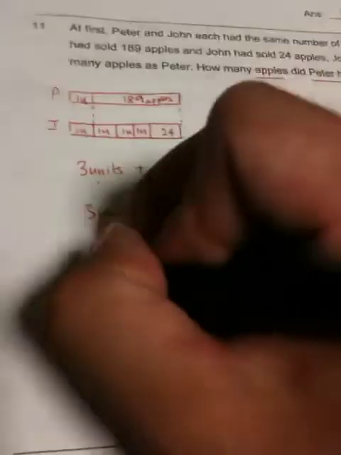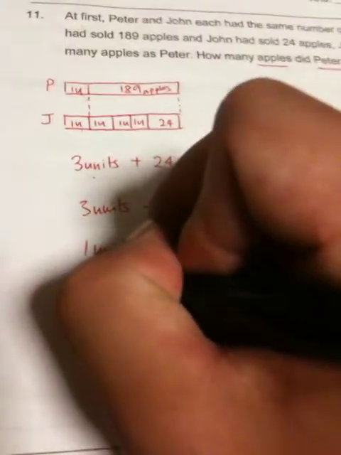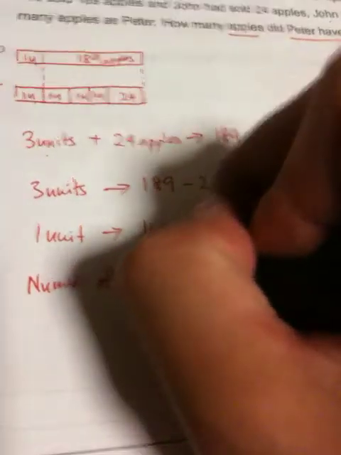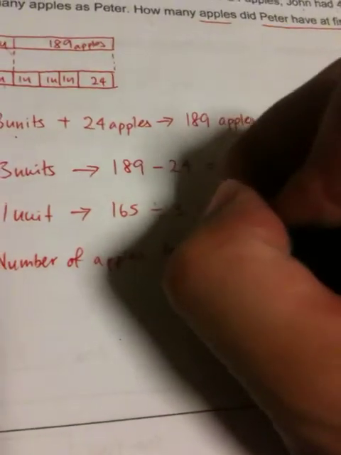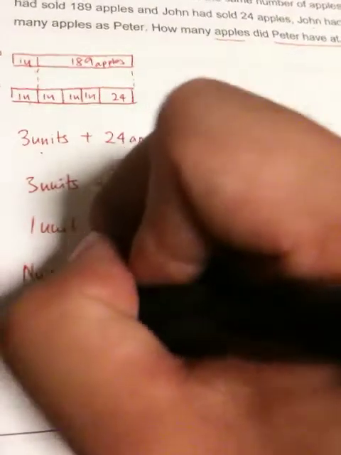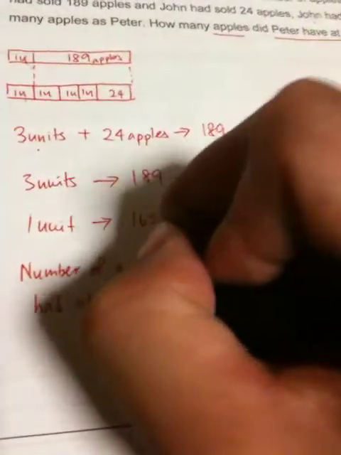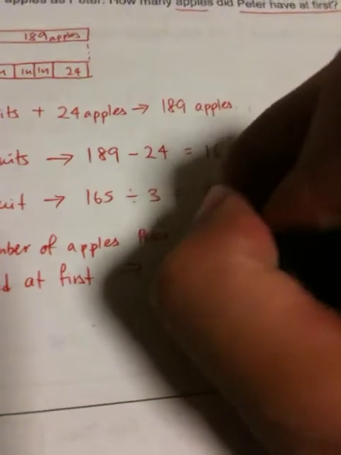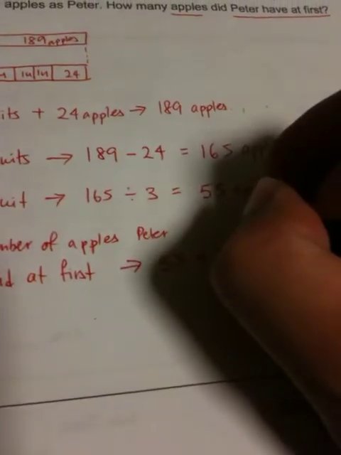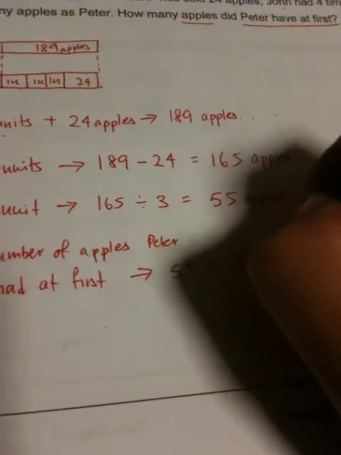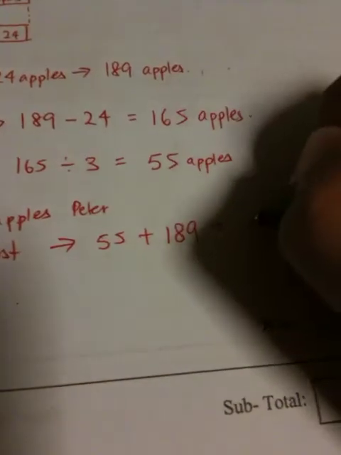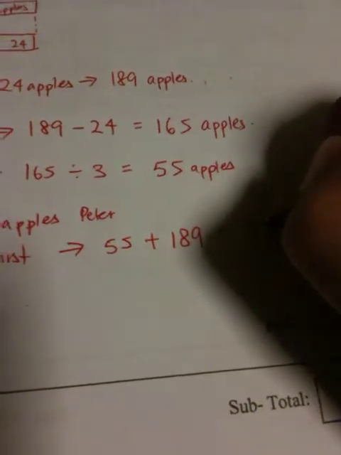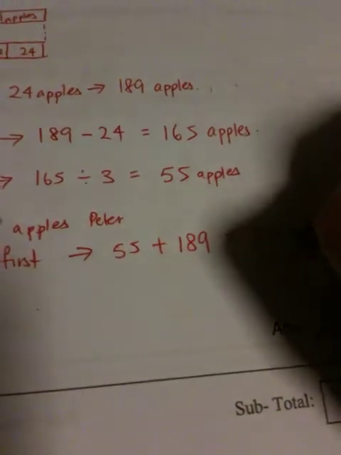So to find the number of apples Peter had at first, we would take 55 plus 189 apples here as mentioned, and you will arrive at an answer of 244 apples.